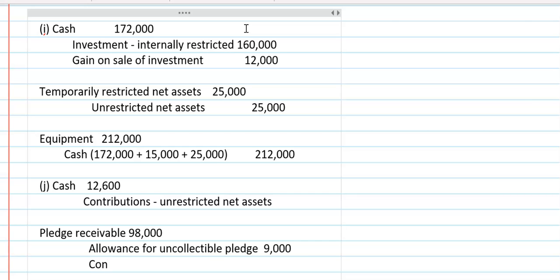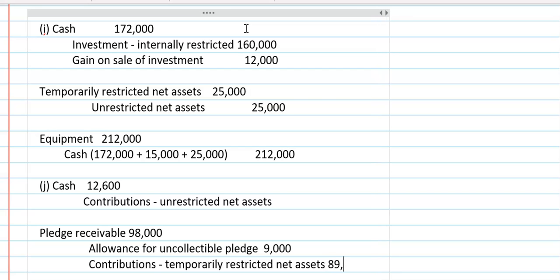So we will record contributions, but we will show it under the temporarily restricted net assets, and the amount is the rest of these present value of future pledge receivables, so 89,000.